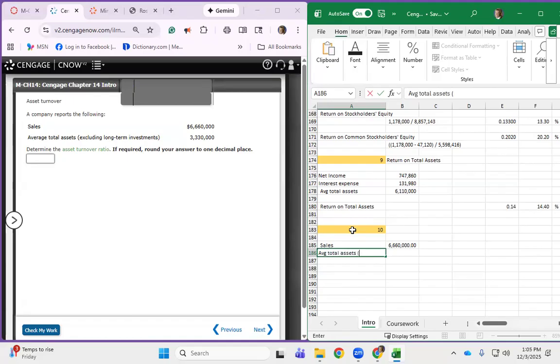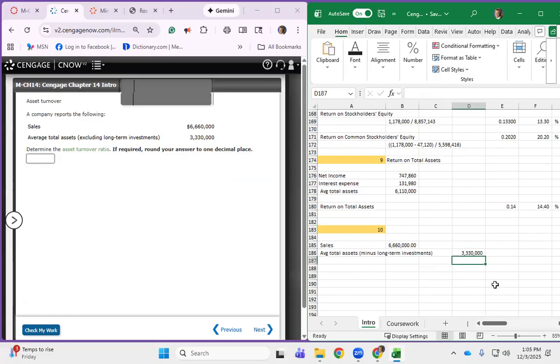So I'm going to put minus long-term investments. That is something you would have to calculate if you're just given the balance sheet. You've got to take those out.